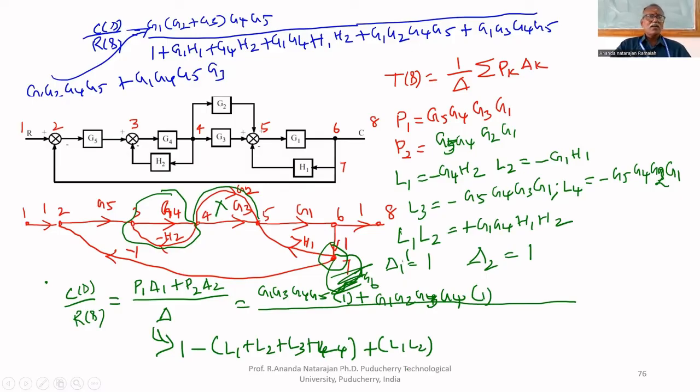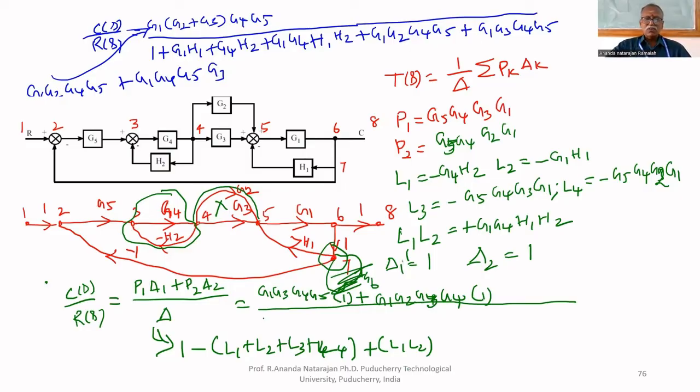What is the formula for delta? 1 minus the sum of gain products of individual loops, plus the sum of gain products of two non-touching loops. Only one pair of two non-touching loops, L1, L2.